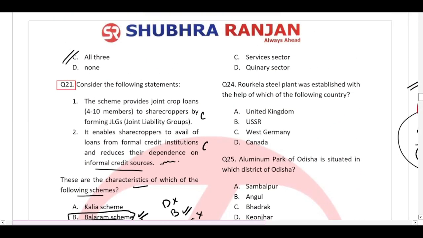Coming to the next question, question number 24: the Rourkela steel plant was established with the help of which country? Let us look at some information about the Rourkela steel plant. This plant is located in the Sundargarh district of Odisha.